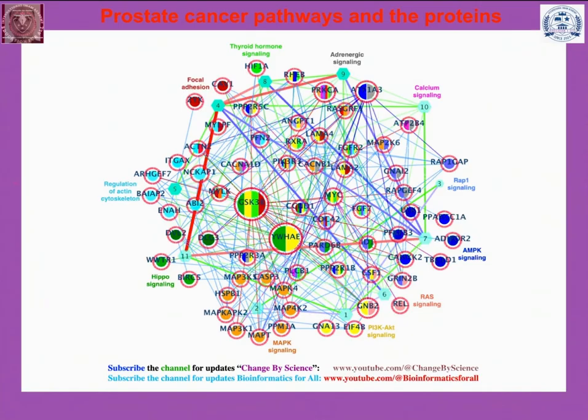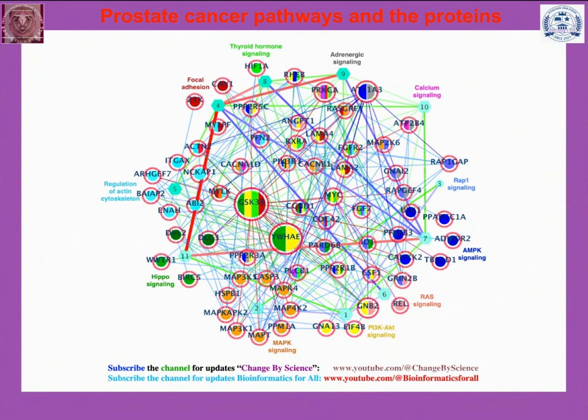That means this protein is not only the component for thyroid hormone signaling, or for this hippo signaling, or for the focal adhesion signaling pathway, but it is present in all these 4 pathways. So that increases the significance of this particular protein, GSK3 beta.